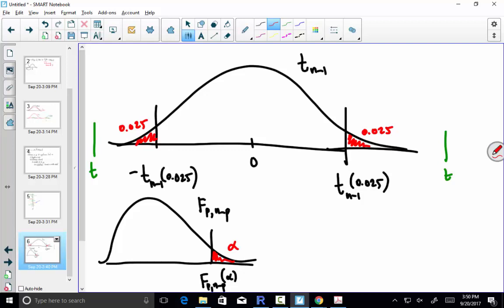T-squared statistics will tend to be big positive. If the null is false, we'll see big positive test statistics. So how big positive does it need to be for me to say it's big enough and reject the null? That's where this critical value comes in. This is the number that separates out the most extreme alpha percent of possible values. So if our test statistic is in that red region, we confidently reject the null.